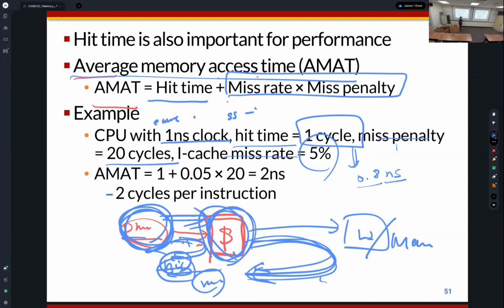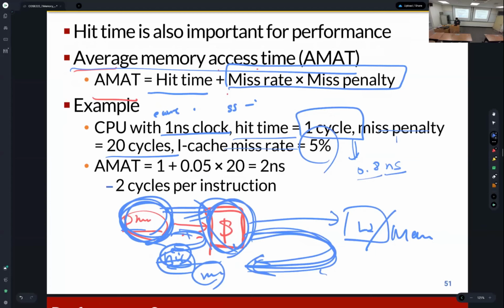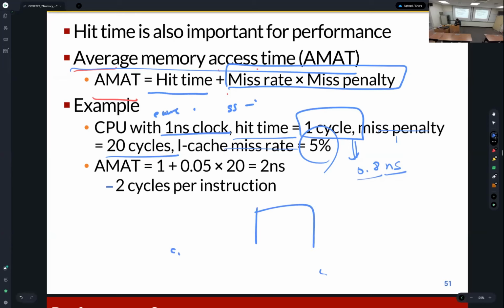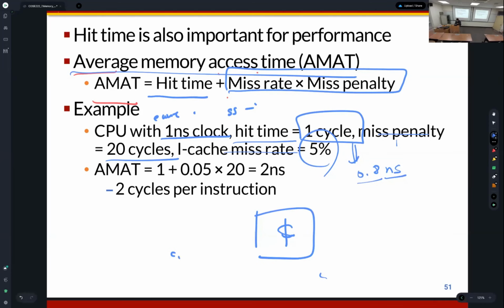Some students are confused about this hardware design. For example, the access latency of the cache can be provided as 0.8 nanosecond.